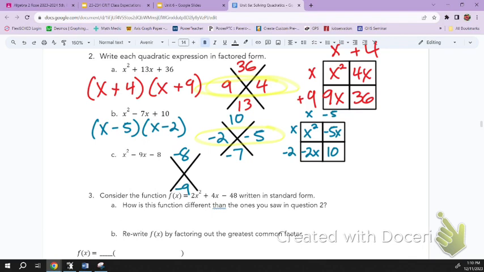Can anyone think of a factor that would multiply to be negative 8, but add to be negative 9? One and negative 8. What would that add to be?